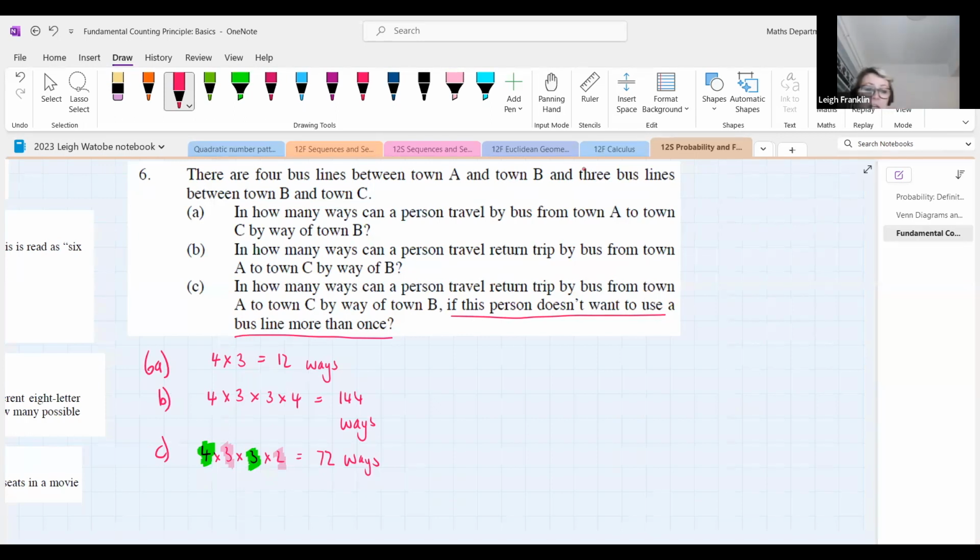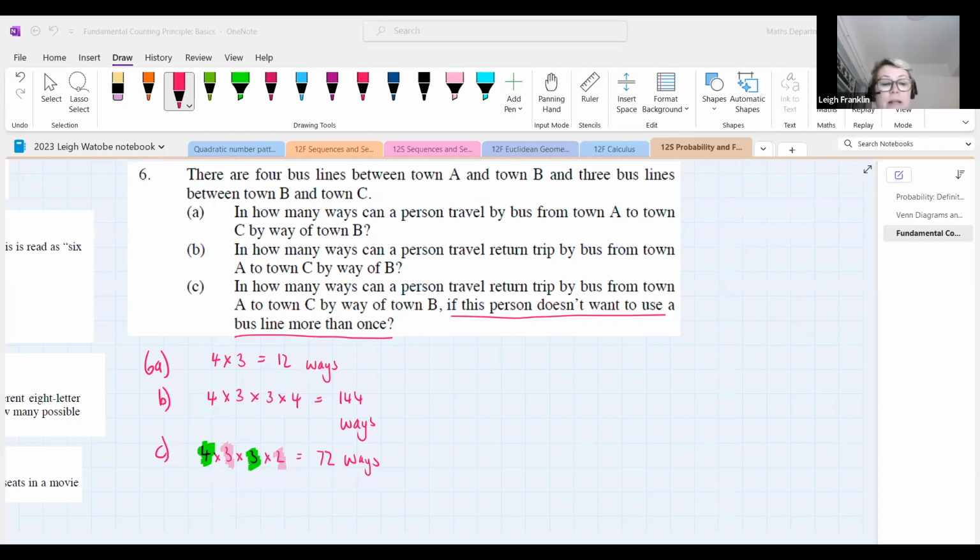And it's the same idea when you go from B to C. There's 3 ways that you can go from B to C. But if you've used one of those ways in getting from B to C, when you go from C back to B, you're not going to use one of them. So there would be 1 less. Does that make sense, Sihawu? Okay.